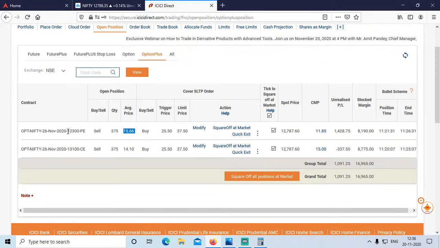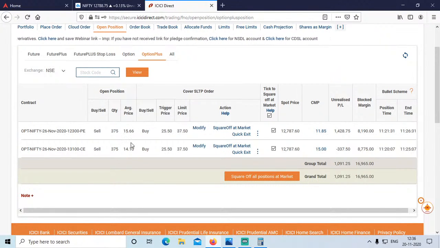That is the put option, and this is the call option, also with the same quantity and almost the same price. I always want to take the same price. This is 15.66 and this is 14.10, so almost the same price, just 1 rupee less, it's okay.